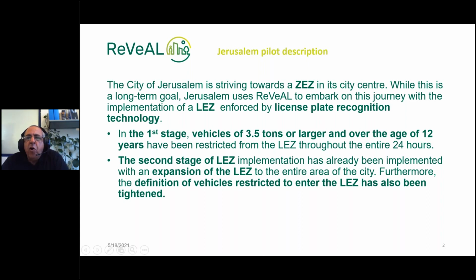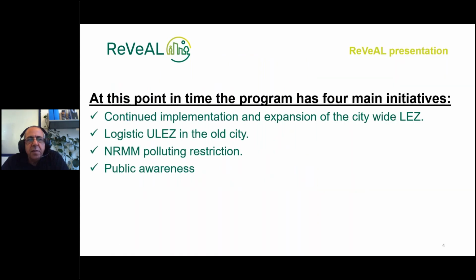At this point in time, the program has 4 main initiatives: continued implementation and expansion of the citywide low emission zone, logistic ultra low emission zone in the old city, NRMM polluting restriction, and public awareness.